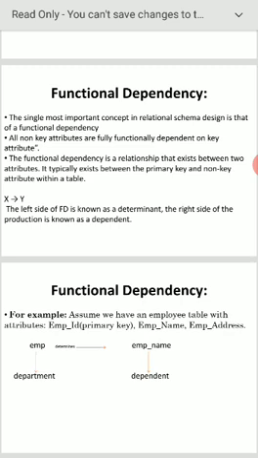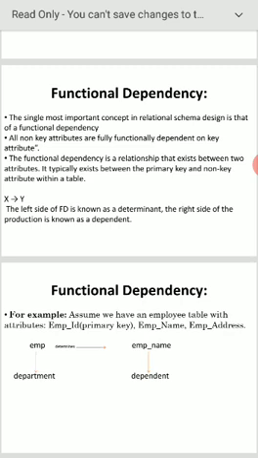By making use of the key, we can maintain the functional dependency. That means there exists a relationship between two attributes. That means the key attribute will not be dependent on non-key attributes, but non-key attributes are dependent on key attributes.